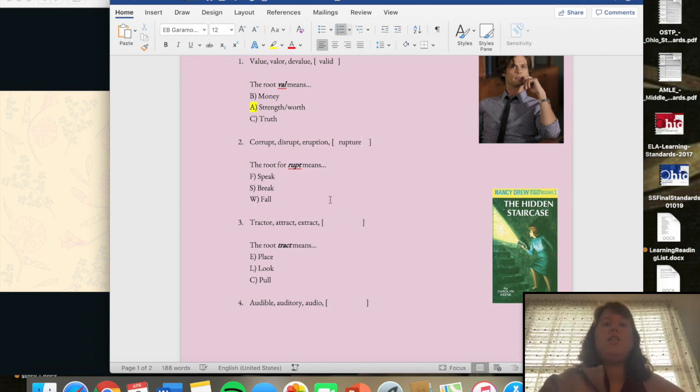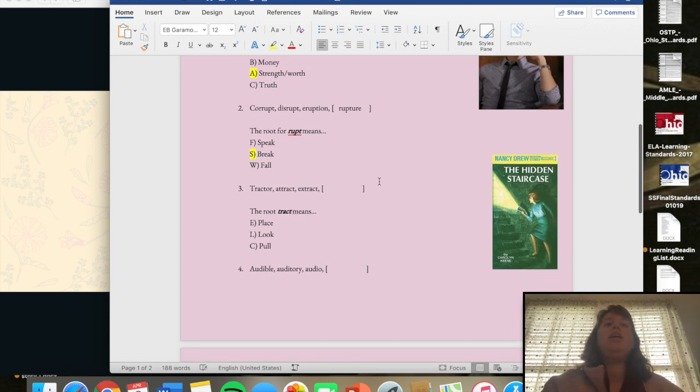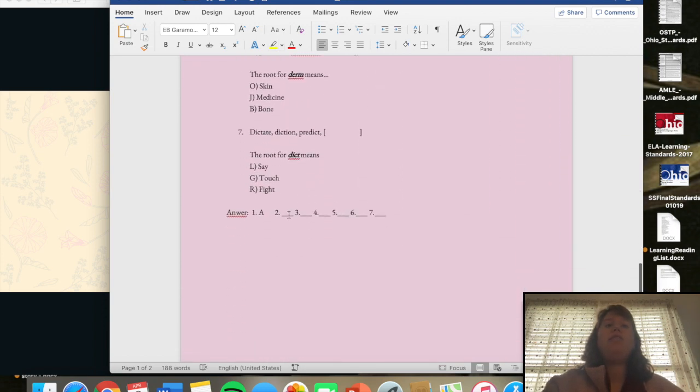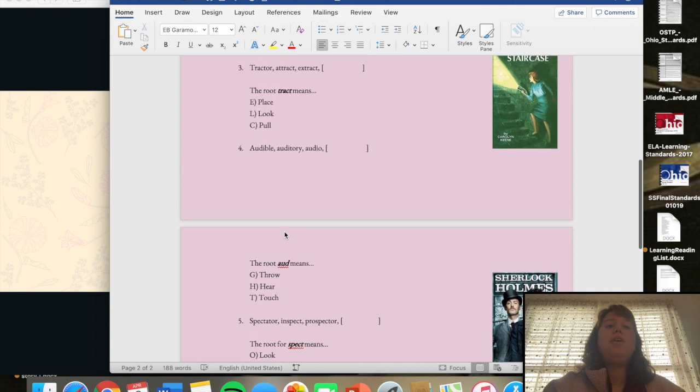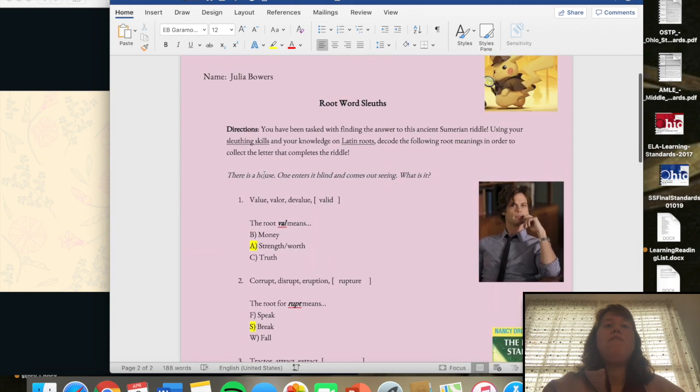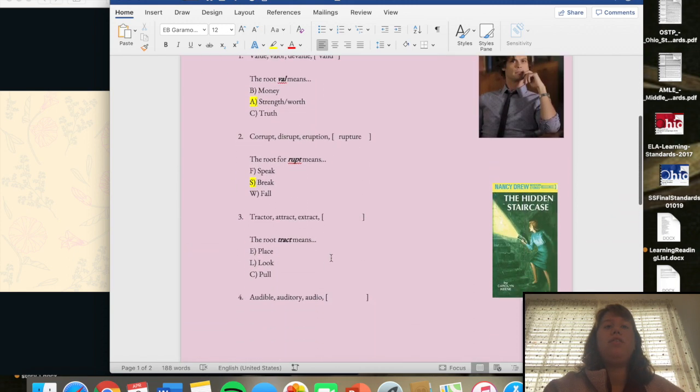And what it means, we have deduced that it means to break. So that's an S, and we'll put it down here. All right, so now you have a something that starts with an S. And so you'll do the rest of the worksheet and figure out the answer to this riddle.